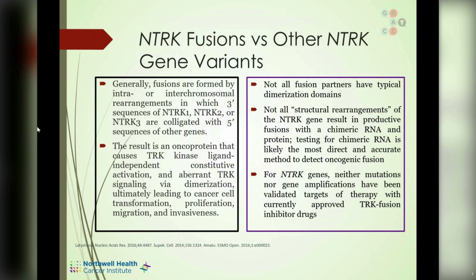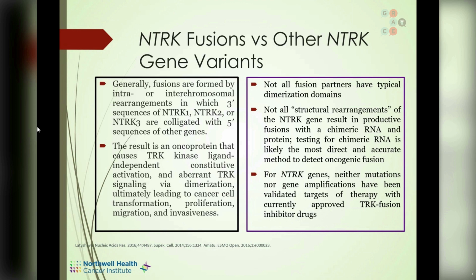Okay, so I just want to talk to you about the NTRK fusions and other NTRK gene variants. The fusions are important, but there are also other mutations and other variations that can happen with NTRK. So generally, the fusions are formed, as I said, by flipping of the NTRK gene, NTRK1, 2, or 3, when the NTRK sequence is the 3' end of the gene, it just jumps into another gene or 5' sequences of other genes.